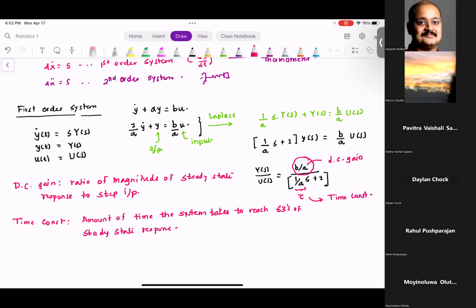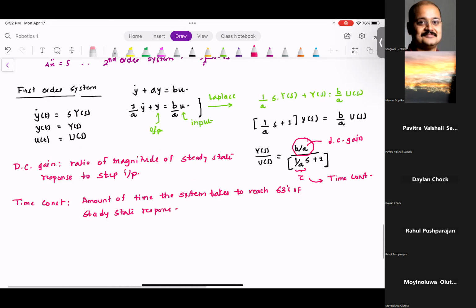So DC gain is kind of the ratio of output divided by input, and the time constant is the amount of time it takes to reach 63% of the steady state response.